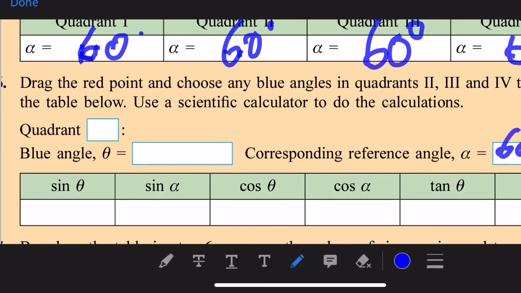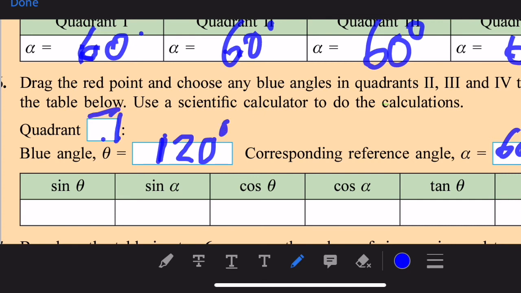Let's try it. If I adjust until the reference angle in the second quadrant is 60, the blue angle, theta, is 120.